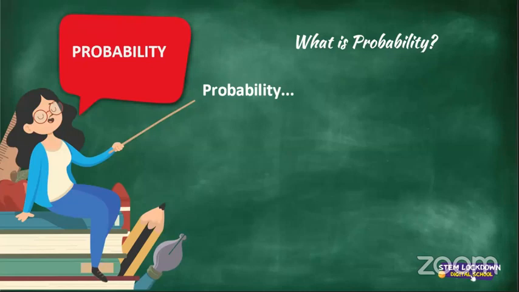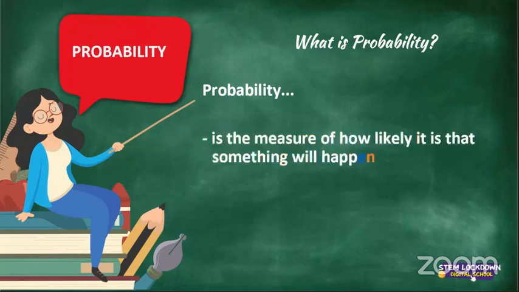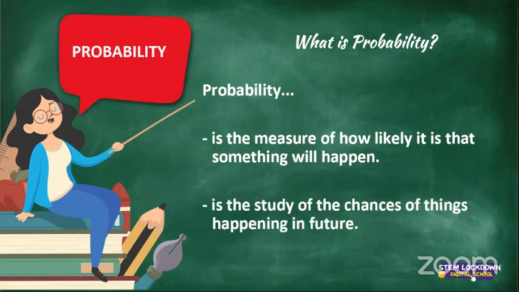Okay, favorable outcomes to a total number of possible outcomes. That's Megan. Like flipping a coin. Okay, yes. So probability is the measure of how likely it is that something will happen. And also we can see it is the study of the chances of things happening in future. Great, thanks a lot, guys.